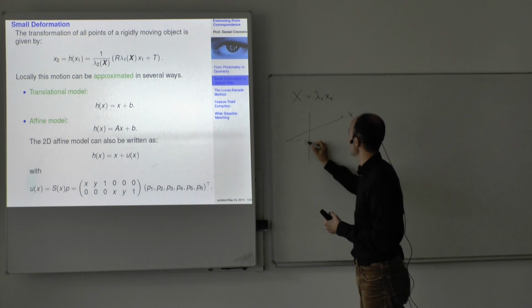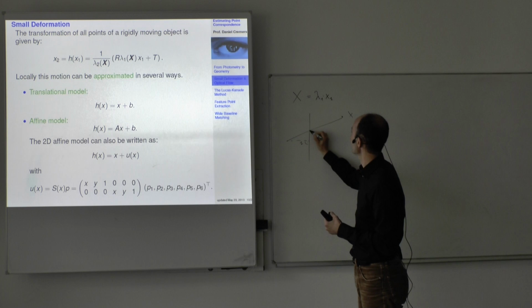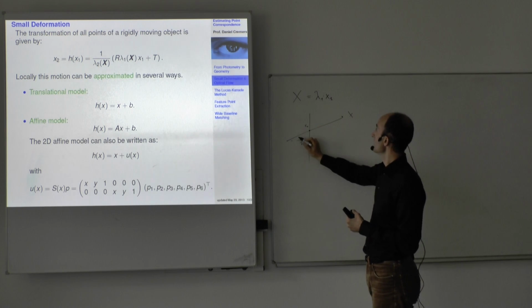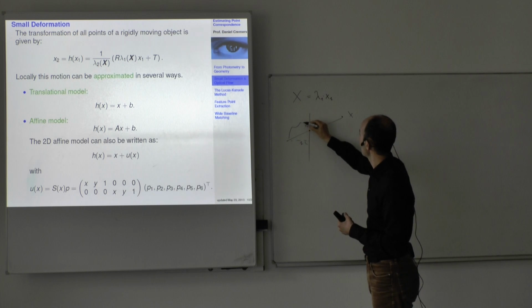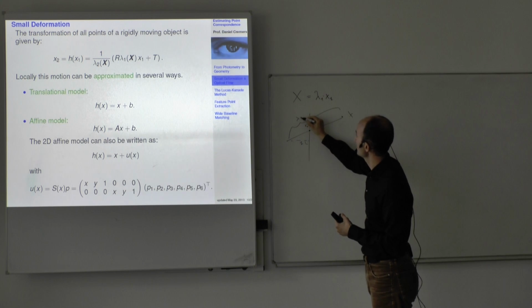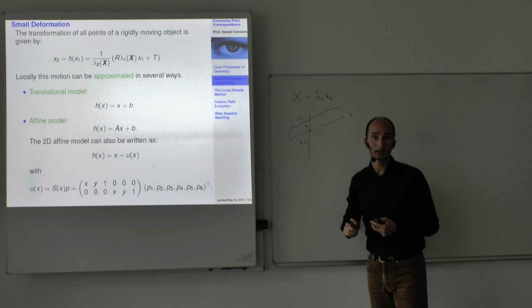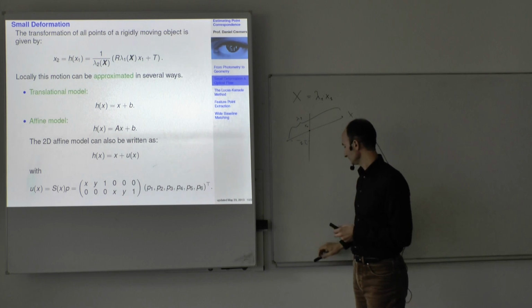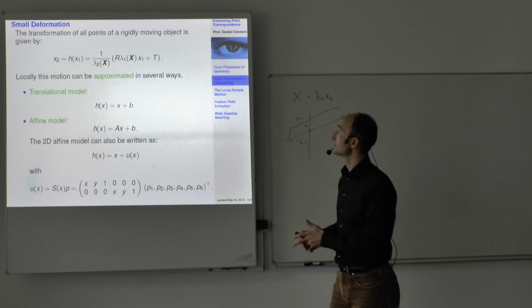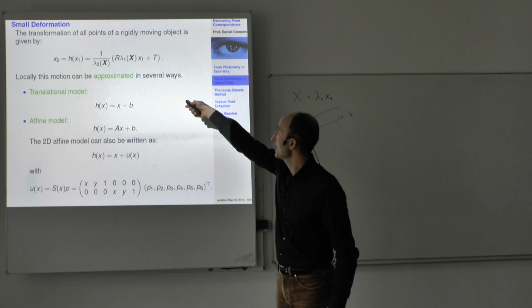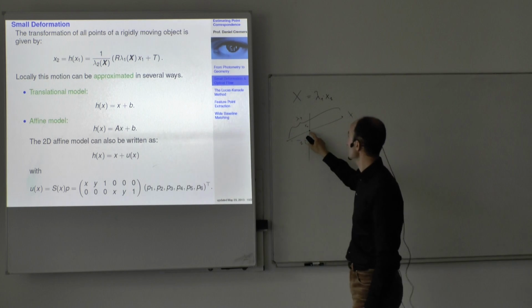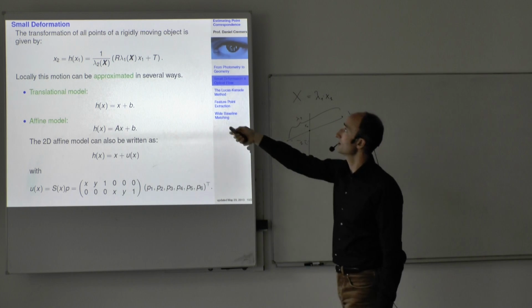The image plane has a distance 1 from the camera, so this is little x1 in homogeneous coordinates, and if I scale with lambda 1, this is lambda 1, then I get the point large x.